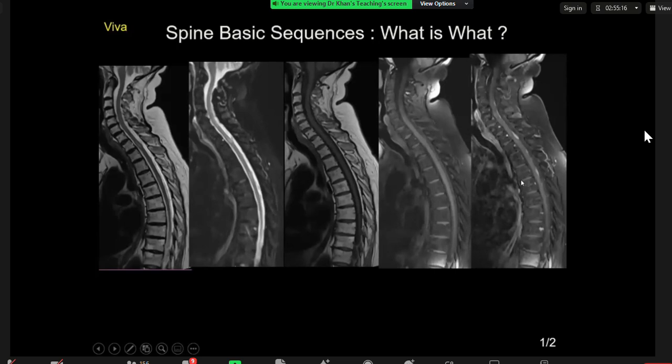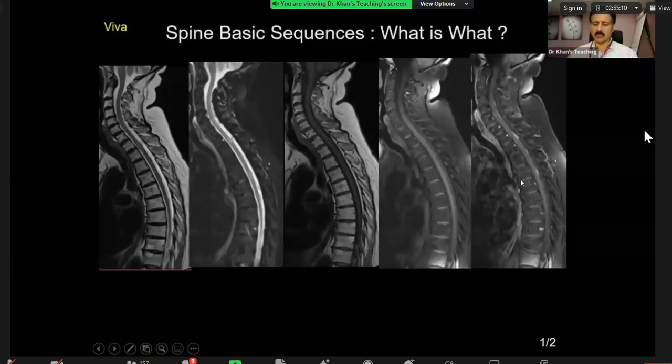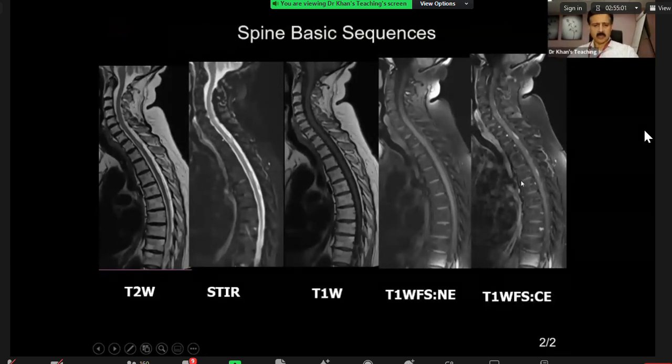Post-contrast in spine is a tricky one, and either there will be things which are enhancing, which will tell you that this is post-contrast, or maybe at times the examiner will tell you also. So these are the sequences, the names which I told you.